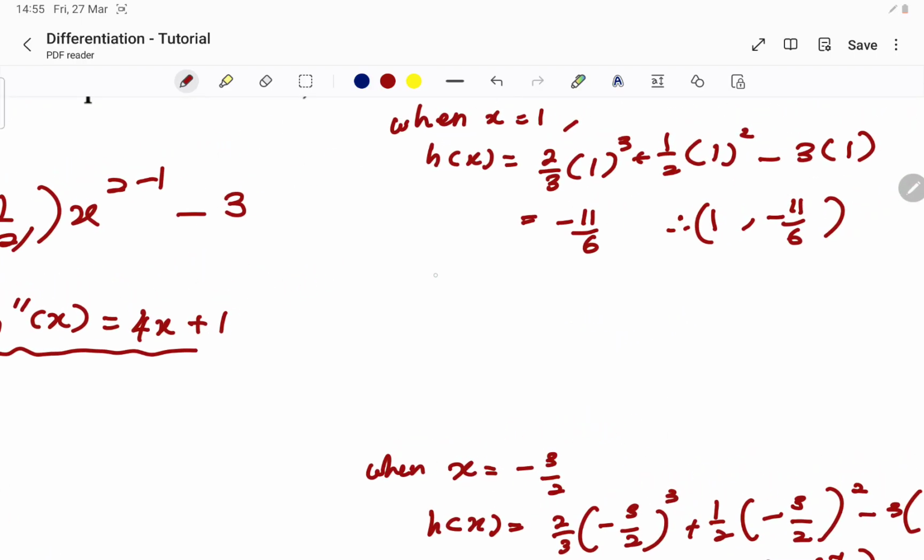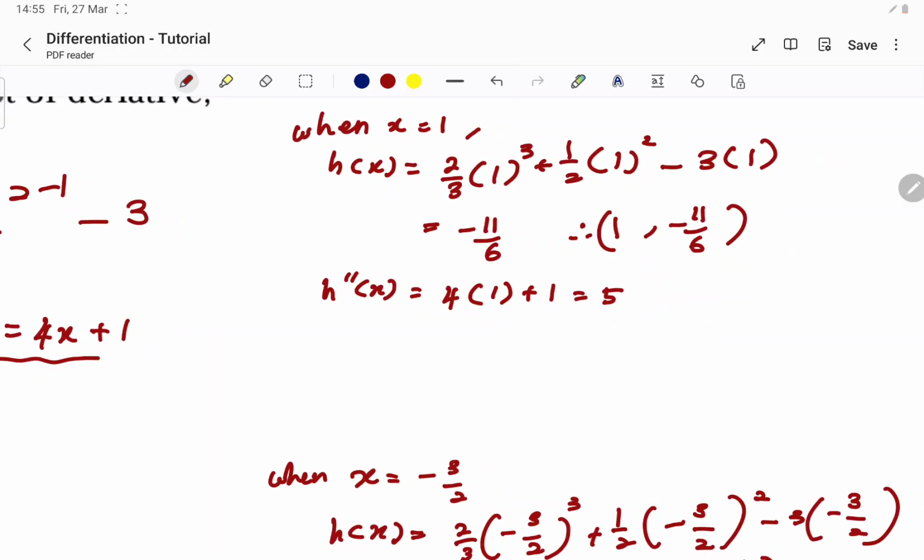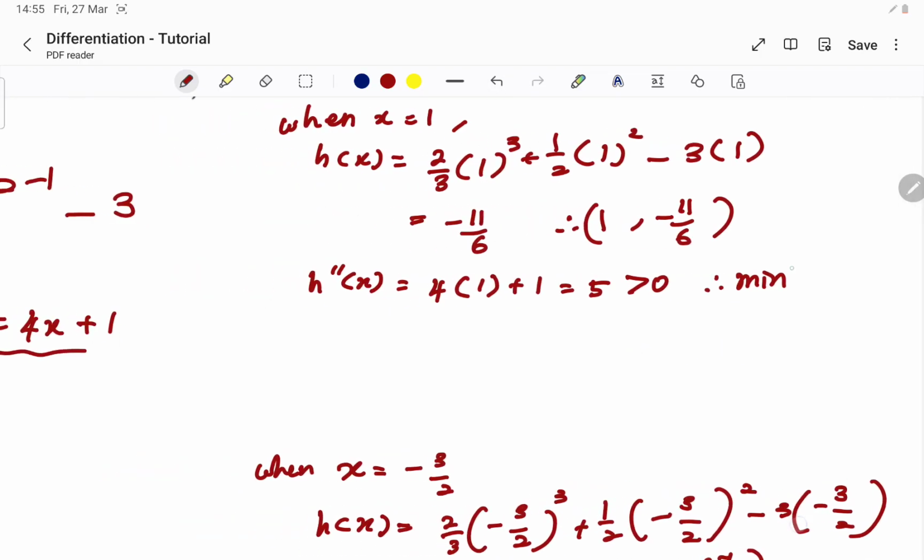Substitute when x is equal to 1, so your h double prime x is equal to 4 multiplied with 1 plus 1, it is equal to 5, correct? So by right, 5 is greater than 0, then it is a minimum point.